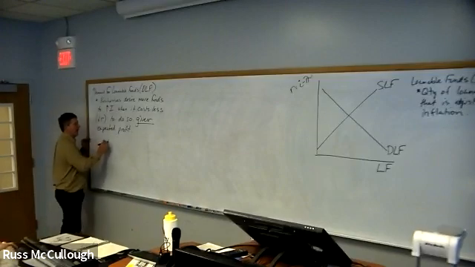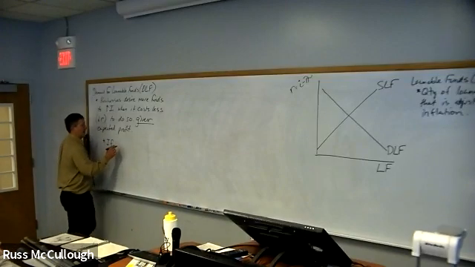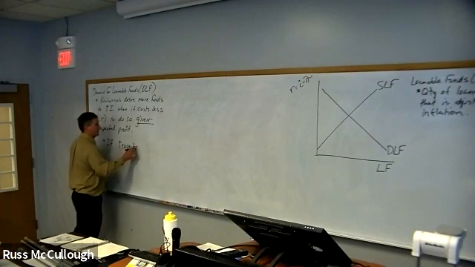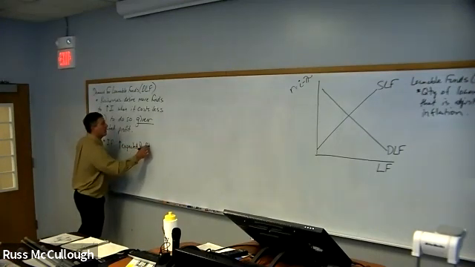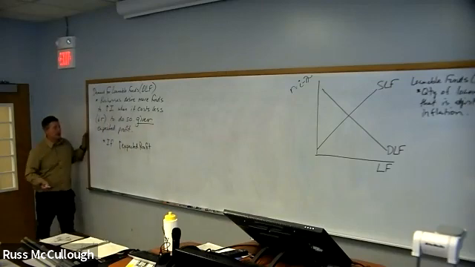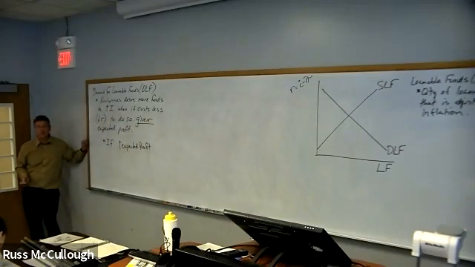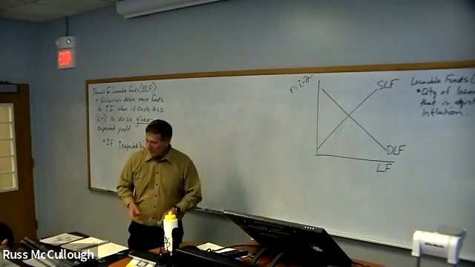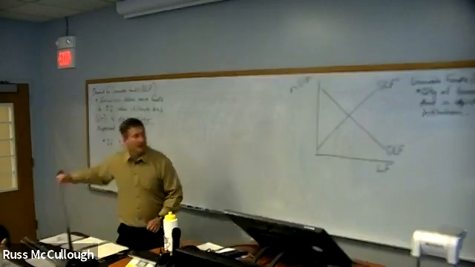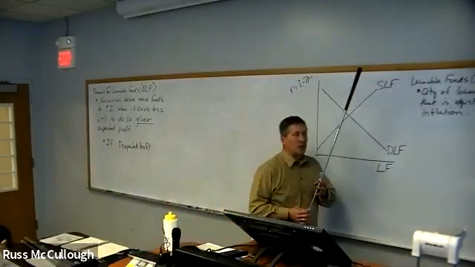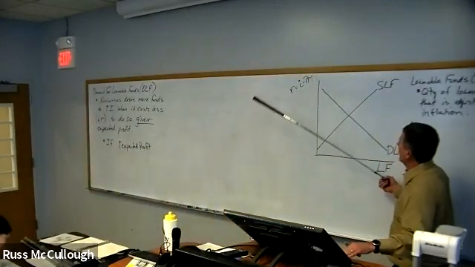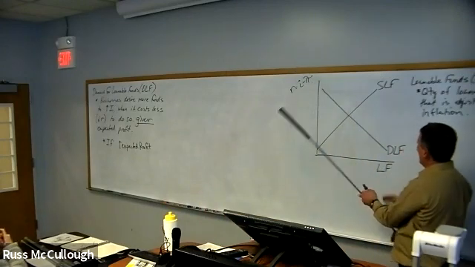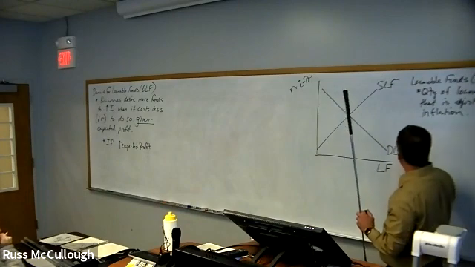So if there's an increase in expected profit, what happens to this relationship? Again, this was drawn for a certain level of expected profit.